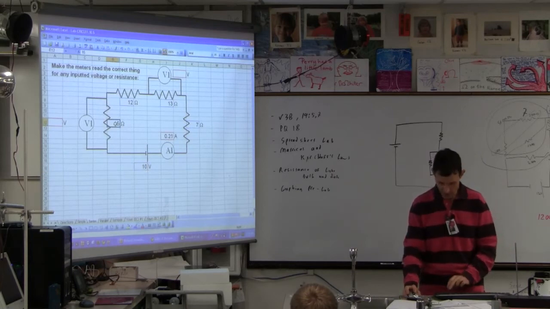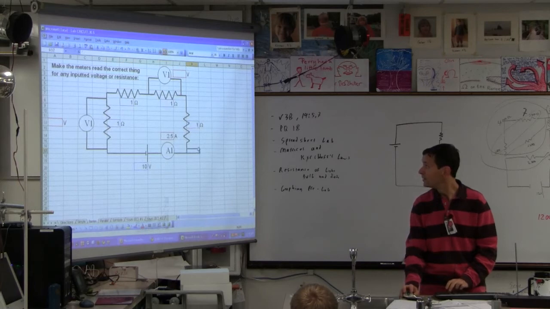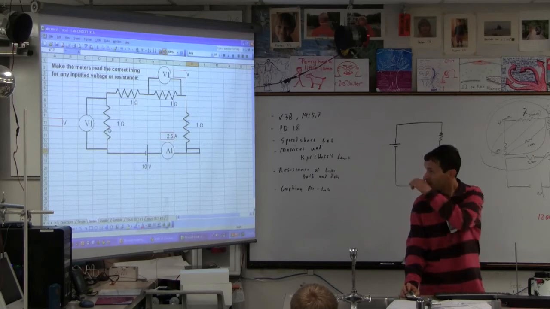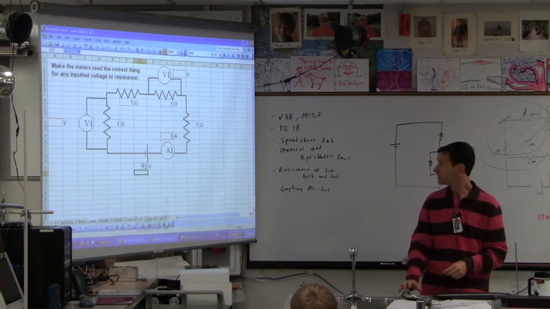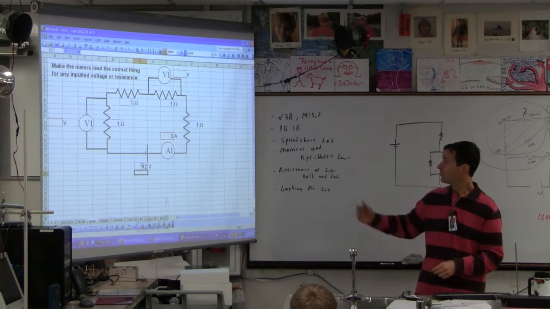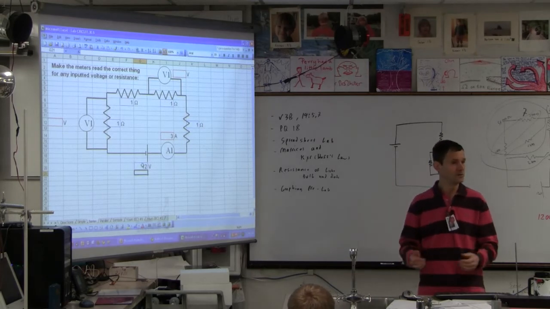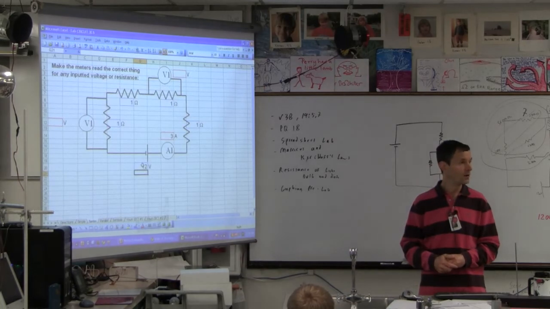And then I make this 1 ohm, and 1 ohm, and 1 ohm, and 1 ohm. And then the ammeter should change, the voltmeter should change. These guys should be the same, right? And then I pick something maybe like 12, and 12 divided by 4 would be 3, et cetera. It's very easy to see whether they work.